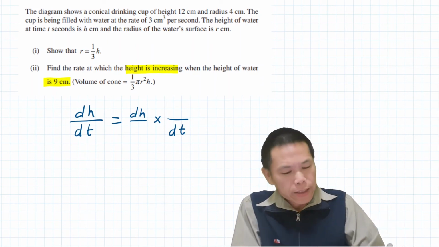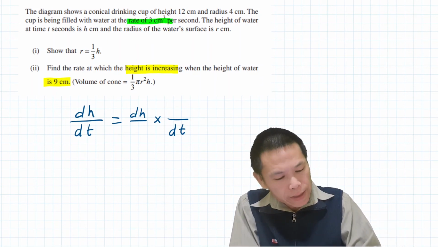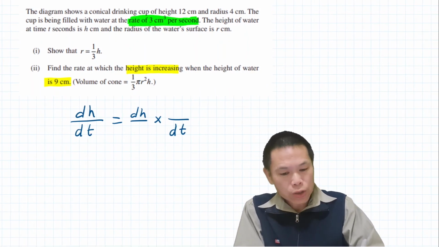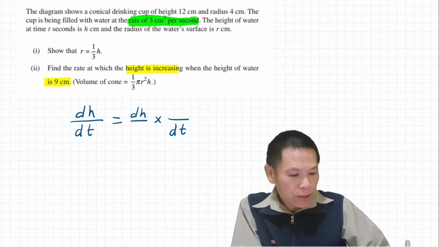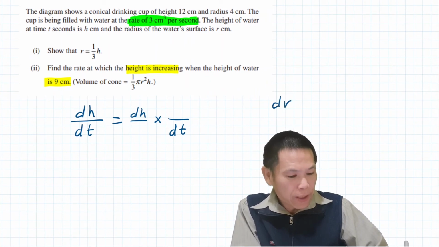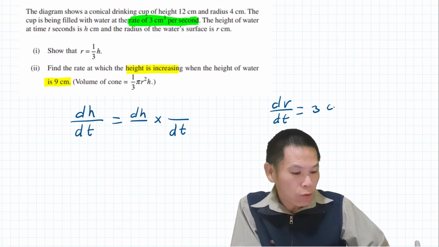We know that dV/dt is this, positive because the water is being filled. So we know that dV/dt is equal to 3 cubic centimeters per second.